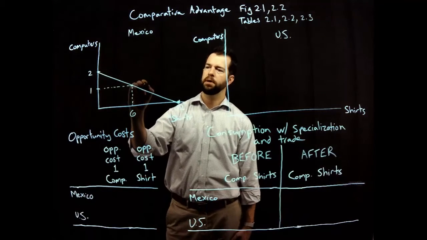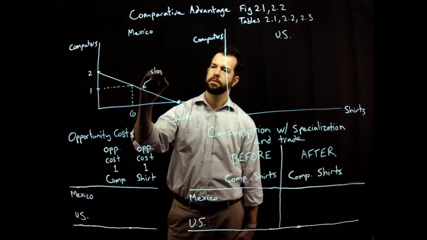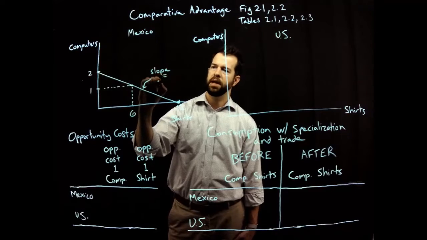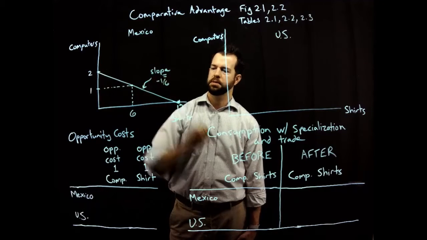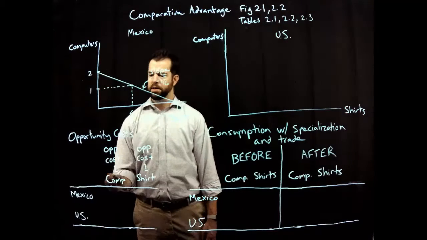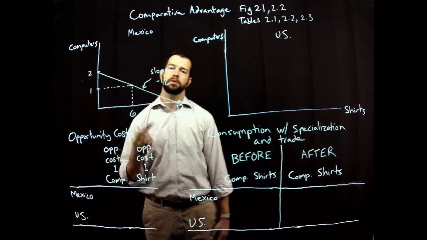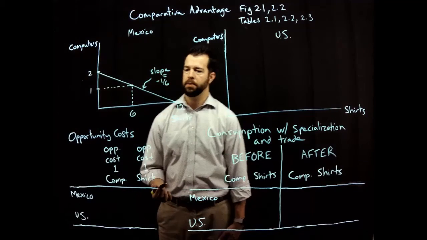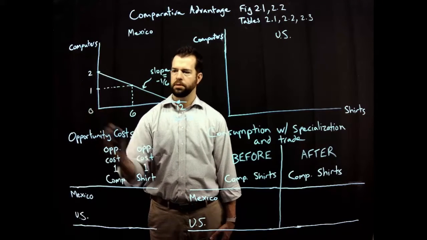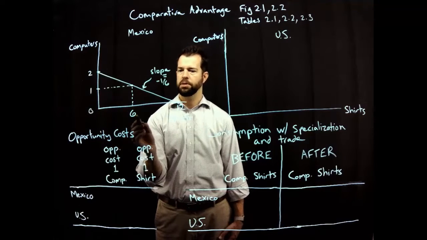And the slope of this line is actually equal to -1/6. So for Mexico, the opportunity cost of obtaining 1 computer is the next best alternative, which you give up. In this case, to go from 0 computers to 1 computer is going to take them from 12 shirts down to 6 shirts.